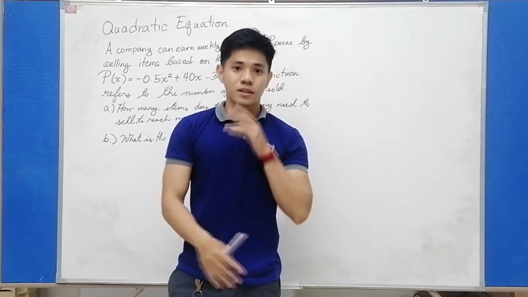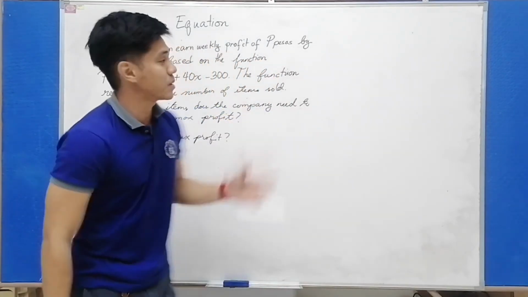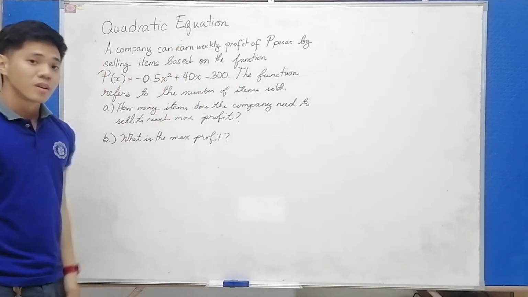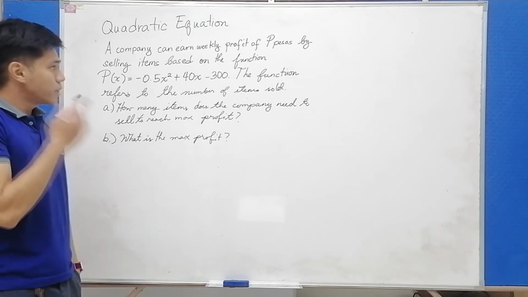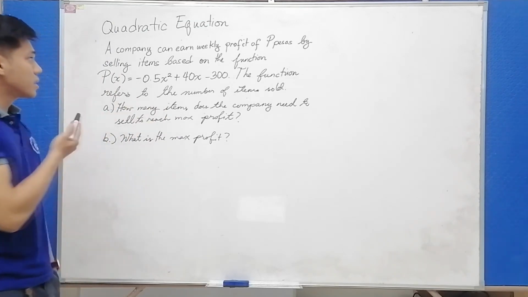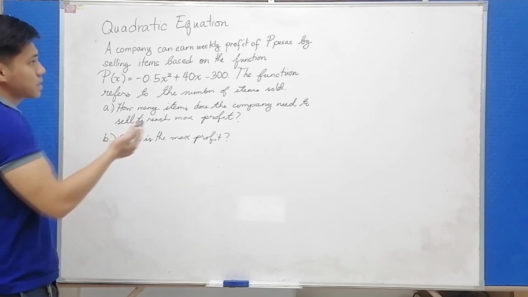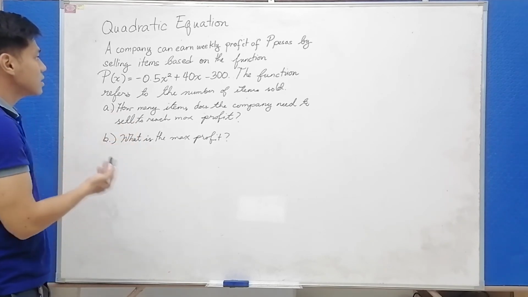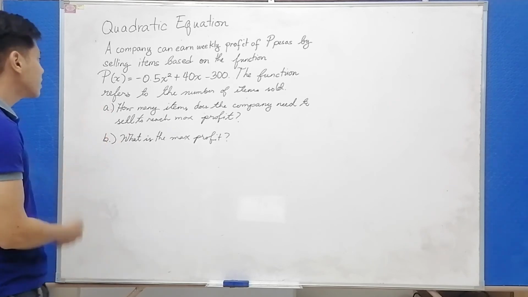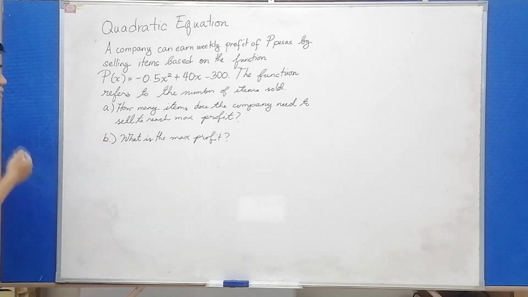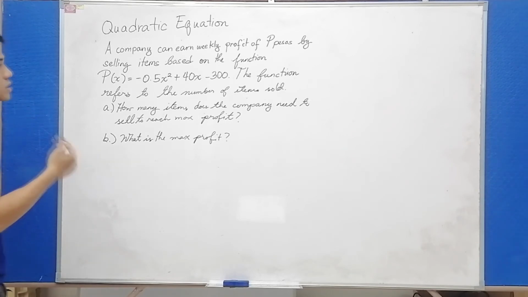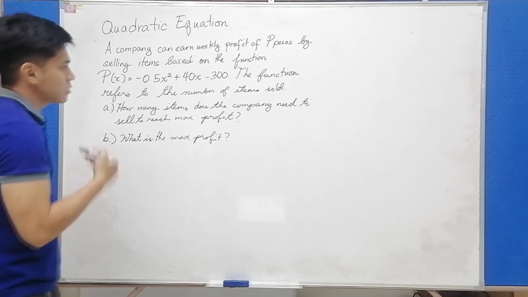Okay, so to end our sessions on problem solving, our last problem is going to be this problem for quadratic function. A company can earn weekly profit of P pesos by selling items based on the function P of x is equal to negative 0.5x squared plus 40x minus 300.